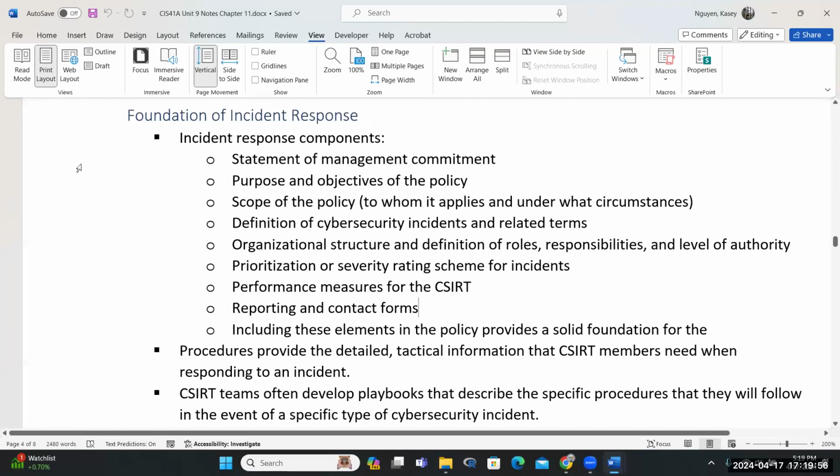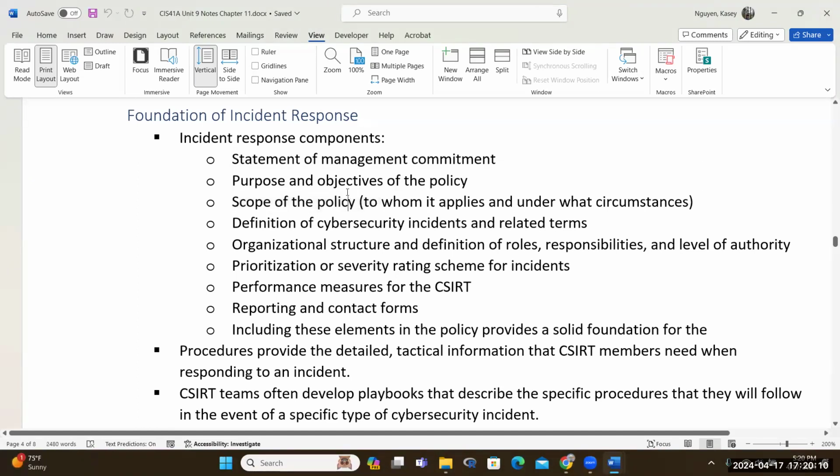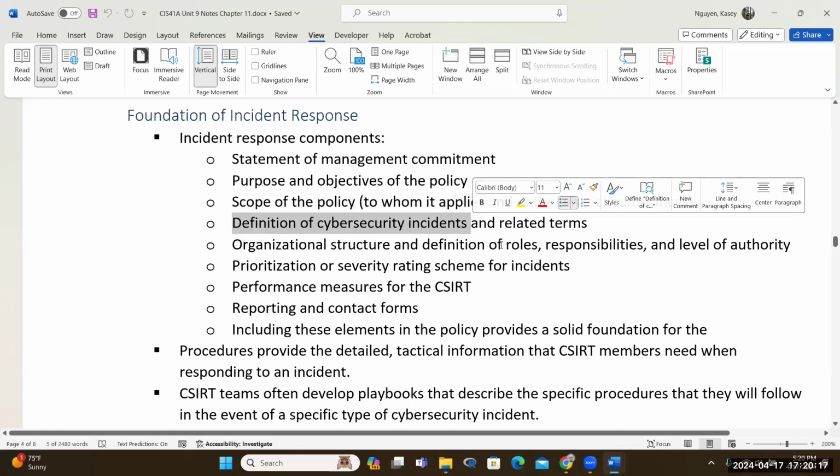You need to have a statement of management commitment, because they play a role in decision making, plus the purpose, objective, and scope of the policy for incident response, because without it you might get sidetracked. Then the types of incidents and how to handle each type.